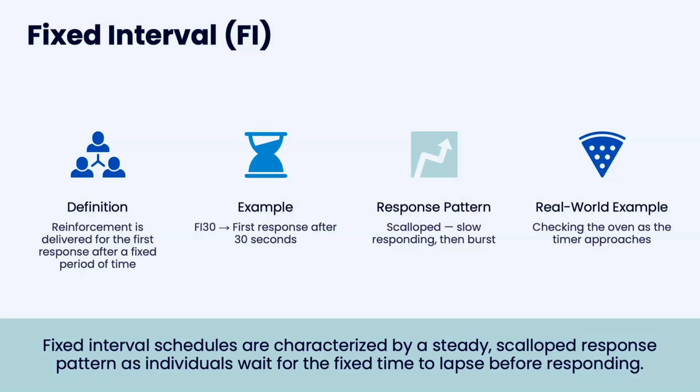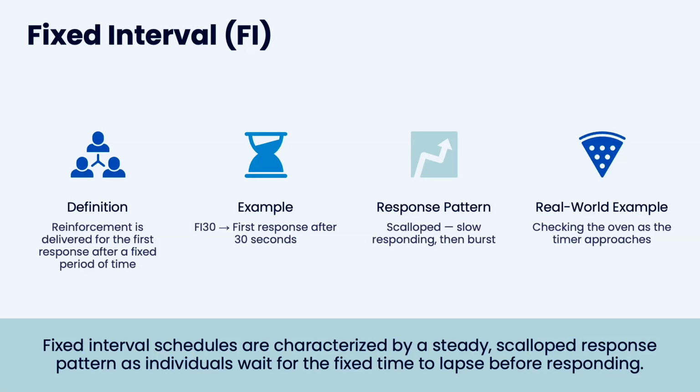So an FI 30 should be FI 30 seconds, because you could do minutes too. FI 30 seconds: first response after 30 seconds. So 30 seconds has to elapse before they are eligible for reinforcement. Their first response after that 30 seconds, which could be a minute, could be 2 minutes, doesn't matter, they get reinforcement.